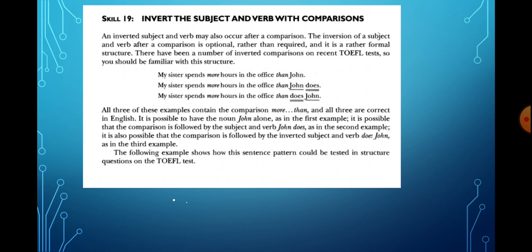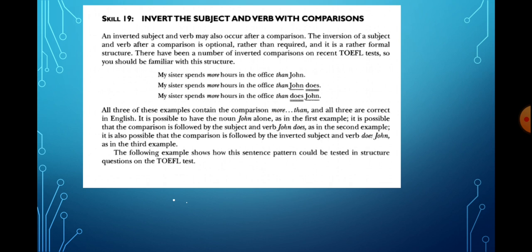So in this sentence, we see that you can make a comparison only with a compared and a compared to, where sister is compared to John. So John is just a word without a helping verb or a verb. In the second sentence, my sister spends more hours in the office than John does, we added the helping verb does. It could also be my sister spends more hours in the office than does John.